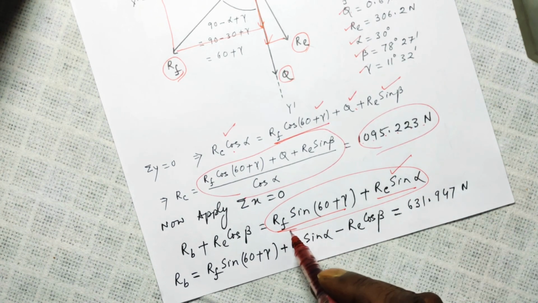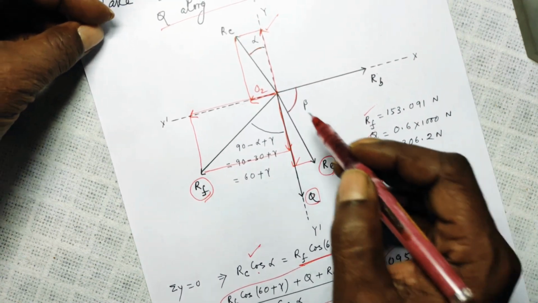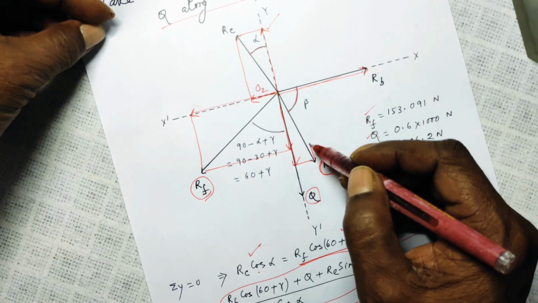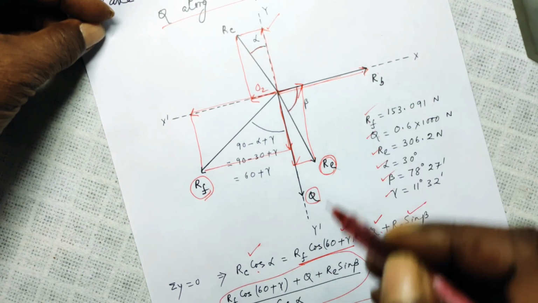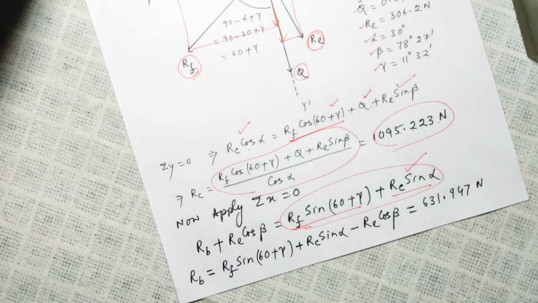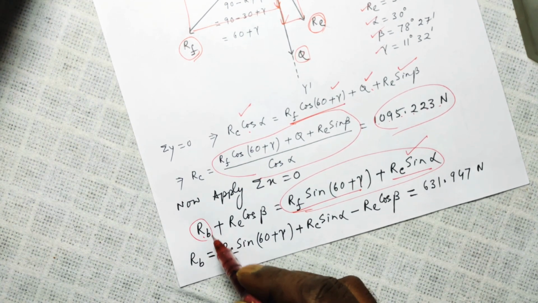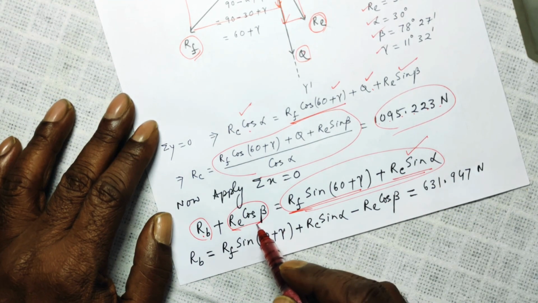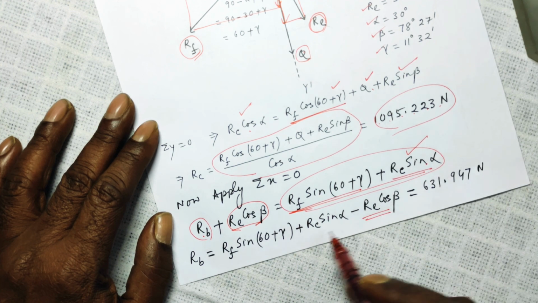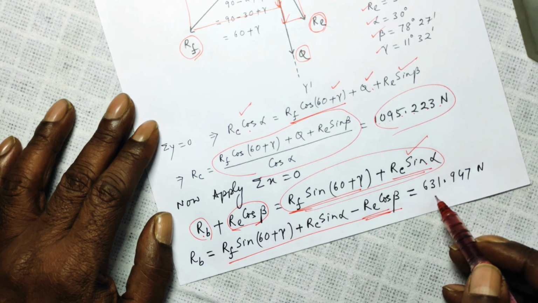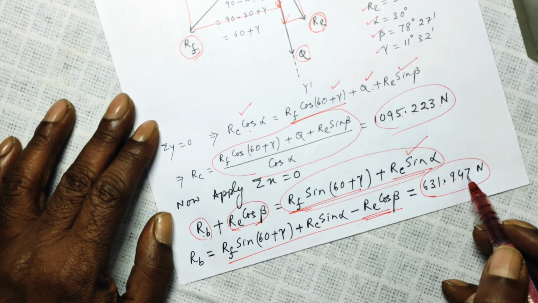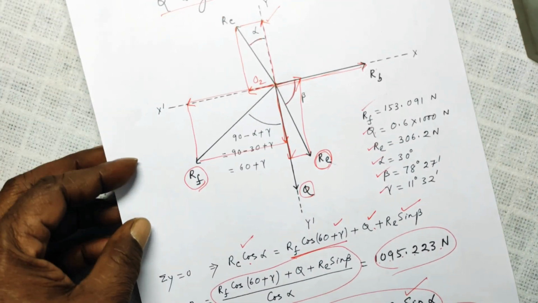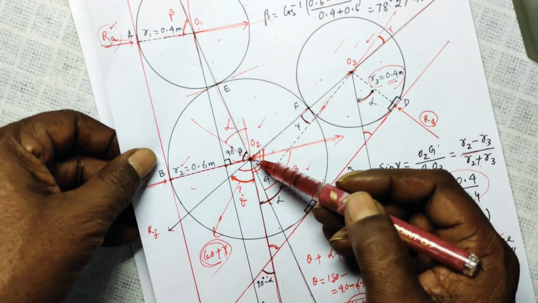So both are added, and that is being opposed by RB and the component of RE along positive x-axis, that is, if you drop a perpendicular here, this will be your RE cos beta. So RB plus RE cos beta is along positive x-axis, this is along negative x-axis. So RE cos beta goes to the right hand side, is subtracted. All the values are known. Put it, this comes out to be 631.947 Newton.